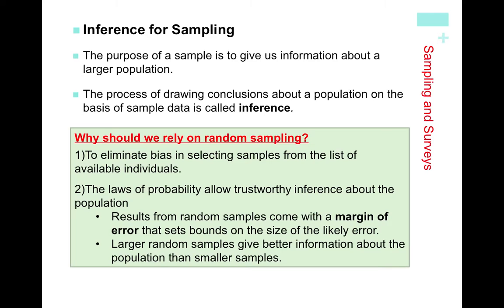So it's still unlikely that results from a simple random sample are exactly the same as the entire population. Sample results like the unemployment rate obtained, they're only estimates of the truth about your population. It's never 100% the same.